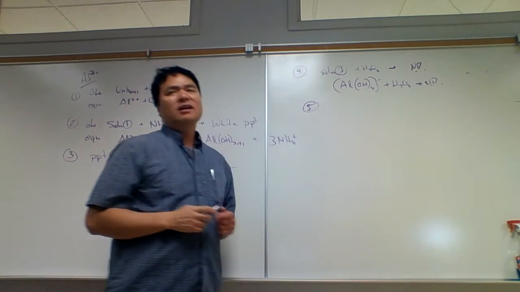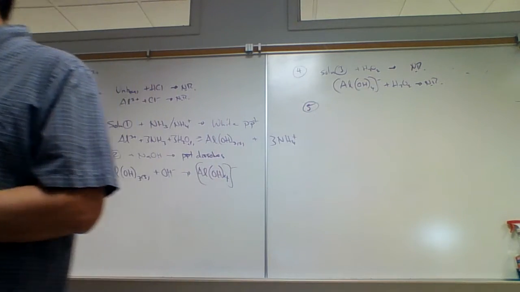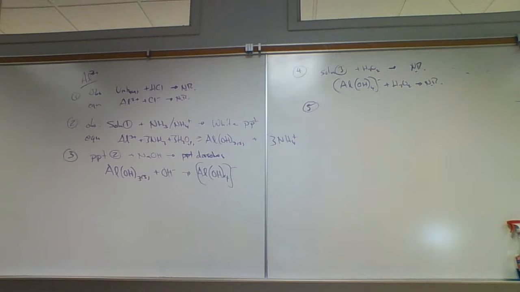All right, so we don't want reaction here because the purpose of the hydrogen peroxide is not to react with aluminum. The purpose of the hydrogen peroxide is to react with what? We wanted the hydrogen peroxide to react with the chromium-3 to convert it into chromium-6, which is chromate, right?